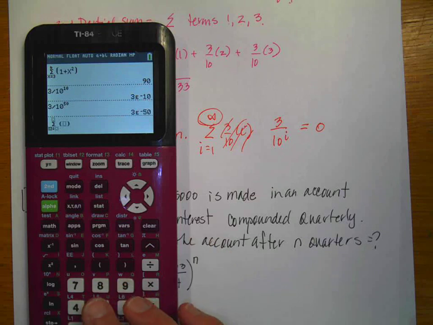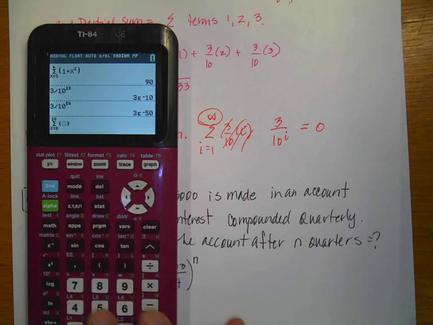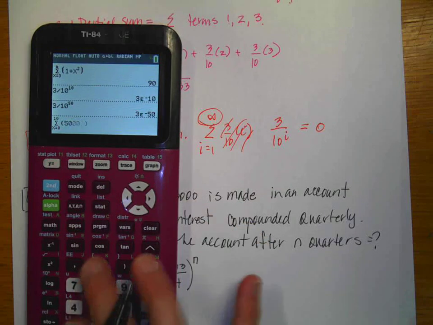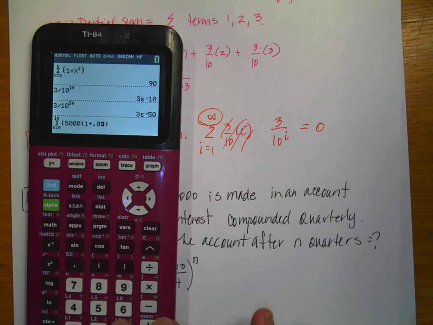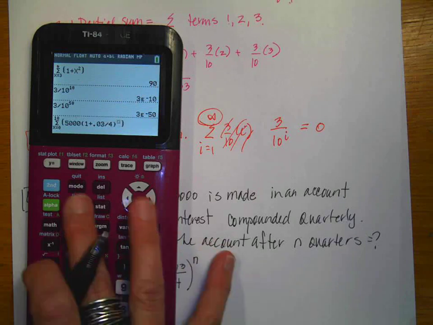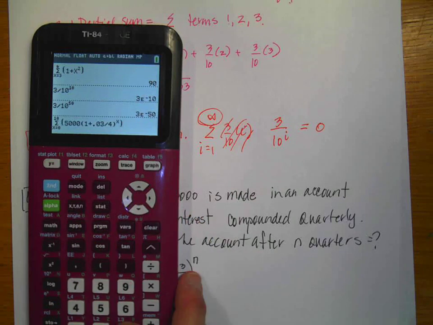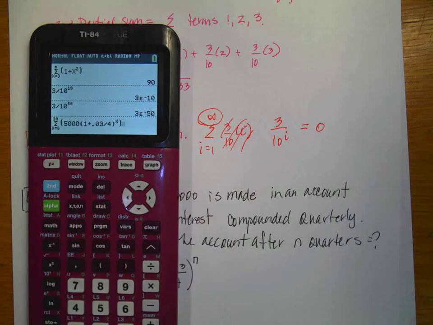So we're going to start at time equal to 0, because with money we often start with time equal to 0, so I'm going to say x is equal to 0, and let's say we want to stop after 10 quarters, and then I'm going to enter 5,000 times 1 plus 0.03 divided by 4, and then that's going to be raised to the x outside my parentheses.